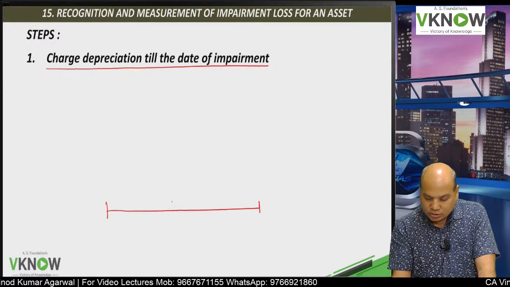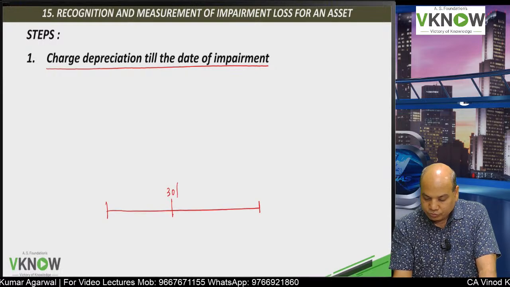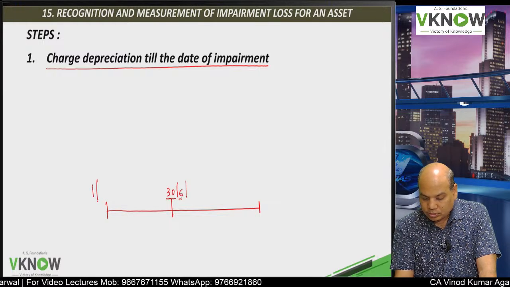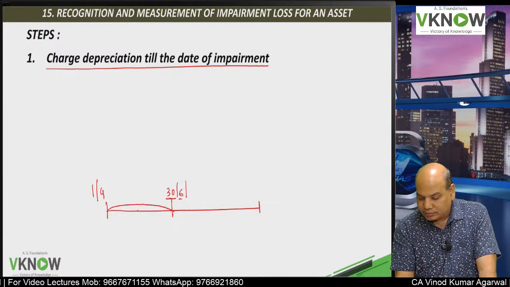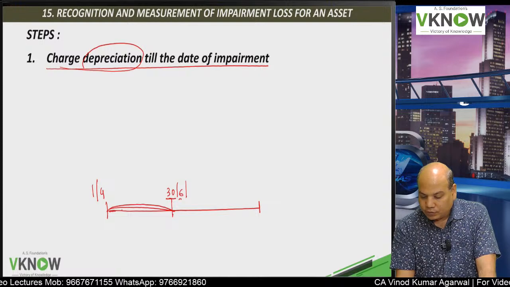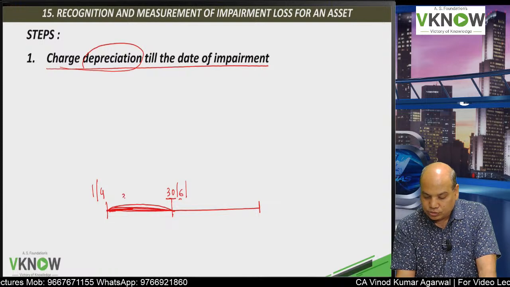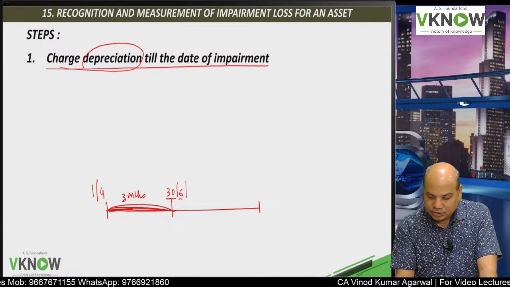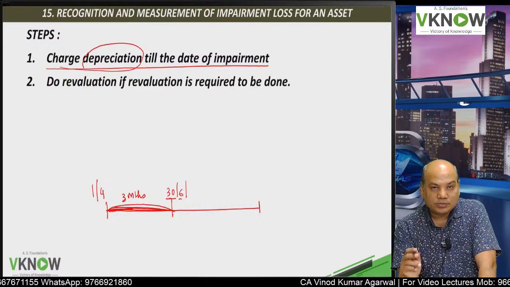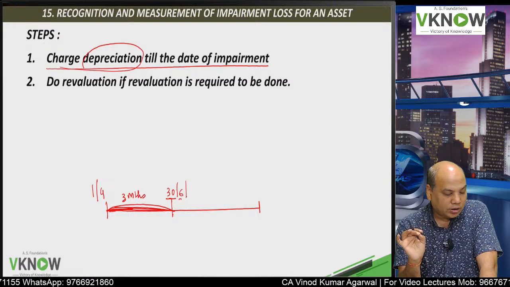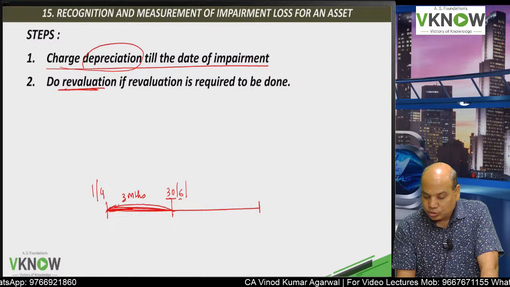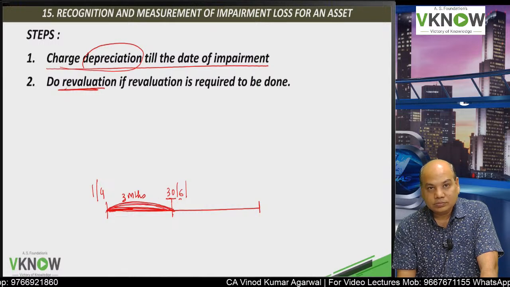Important point. Suppose I want to provide impairment loss on 30th June. First, I will provide depreciation from 1st April to 30th June, that is 3 months. If I am following the revaluation model, important thing, then I am also going to provide revaluation.